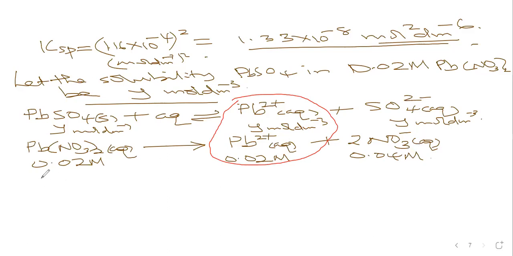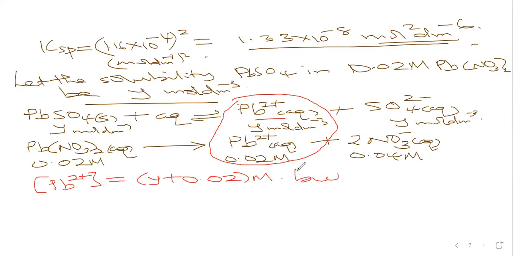We are going to say that the concentration of the lead 2 ion is now Y plus 0.02 molar in the presence of lead 2 nitrate. It adds up the concentration of the lead 2 ion from the sparingly soluble salt and the concentration of the lead 2 ion from the strong electrolyte, the common ion compound that is being added. So if that's it, we take an assumption.